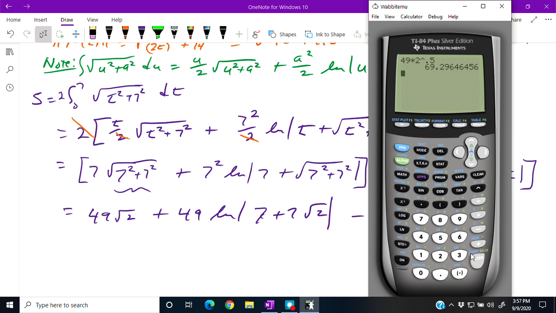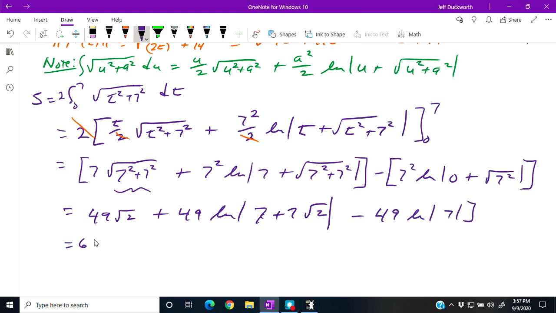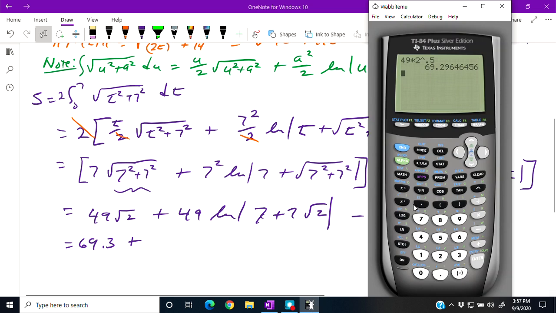So we're looking at 69.3-ish. Next one, natural log, so 7 plus 7 root 2. I'm going to take the natural log of that, so natural log of our answer. All of that is multiplied by 49.